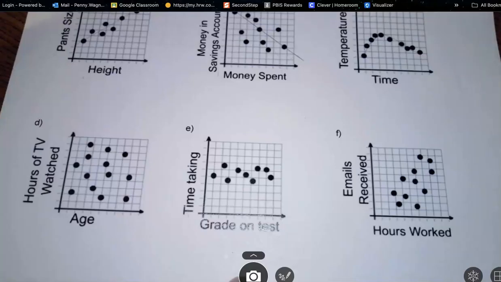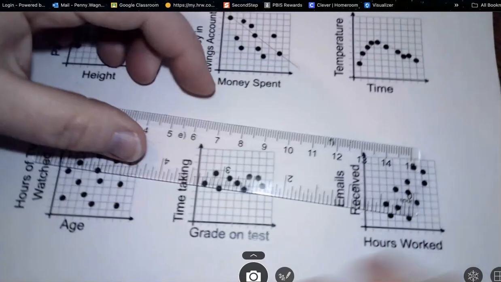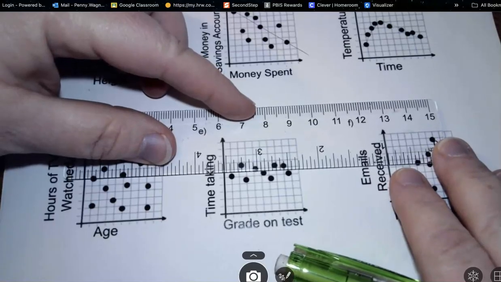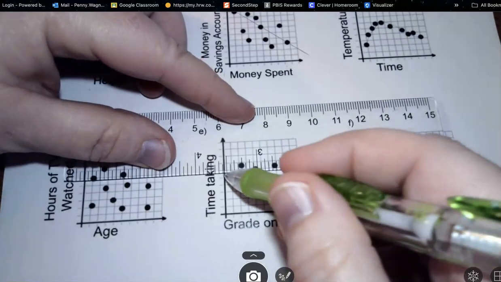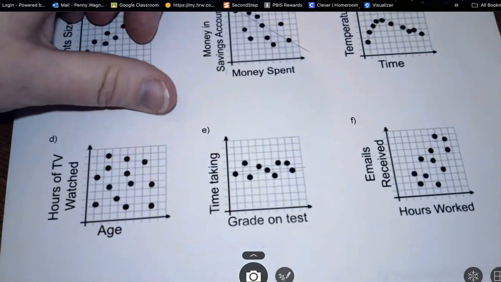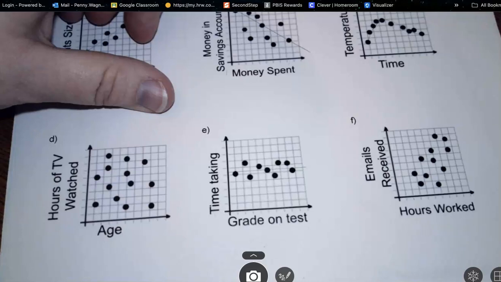It's kind of going straight across. I can do a line of best fit. Looks like it has like a 0 type slope. So if I went across here, I would have a straight line that went left to right. So it's not positive or negative. It's fairly close to it, but I don't know that I would still call this linear.